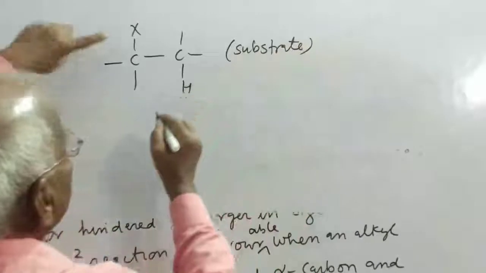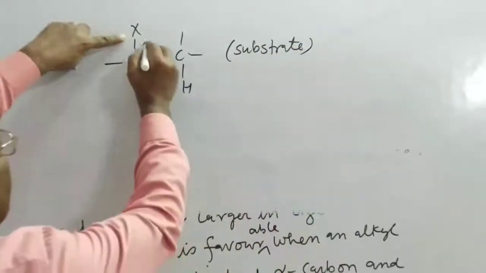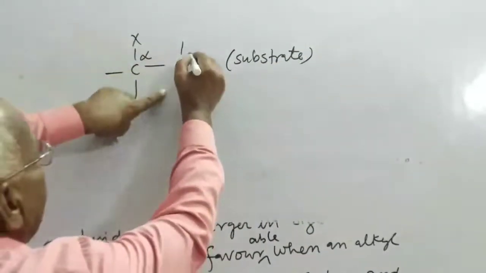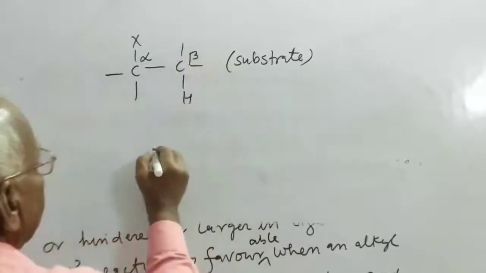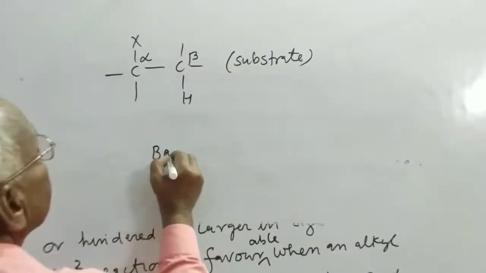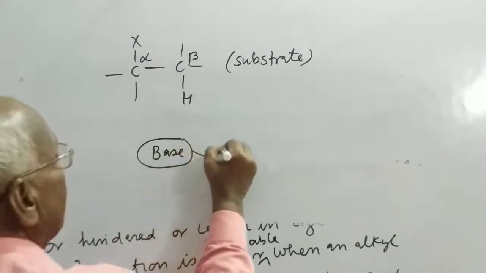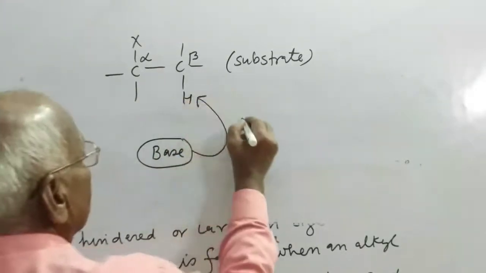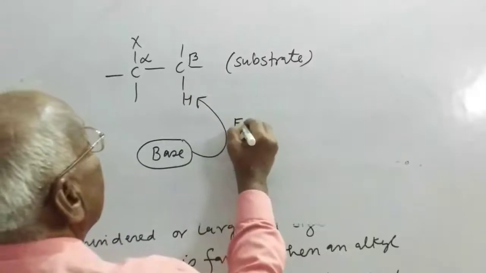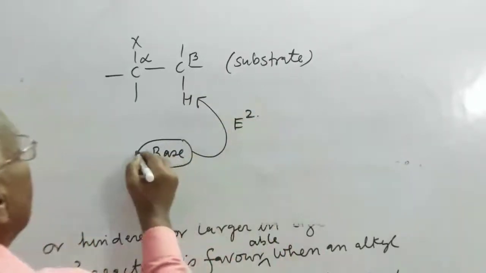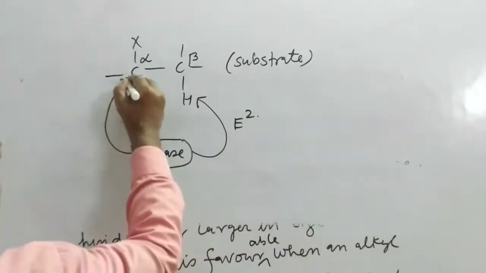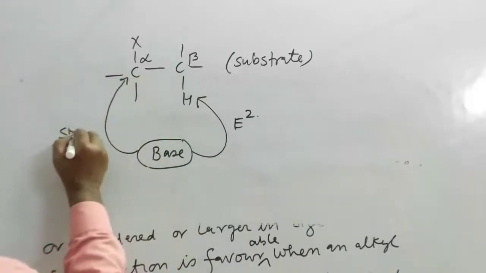It carries a halogen atom at the alpha carbon, and beside this is the beta carbon. This is the reacting base. When it reacts with the beta proton, it is the E2 reaction, and when it reacts with the alpha carbon, it is the SN2 reaction.